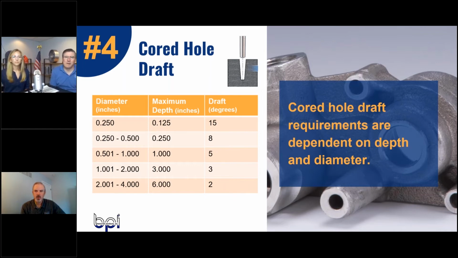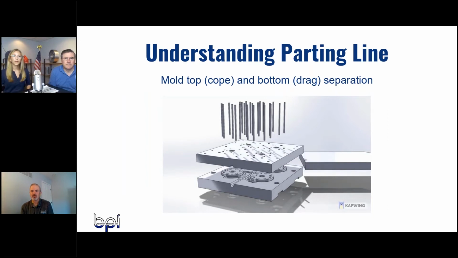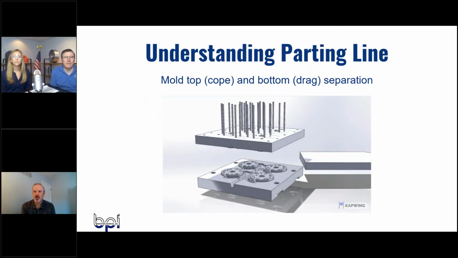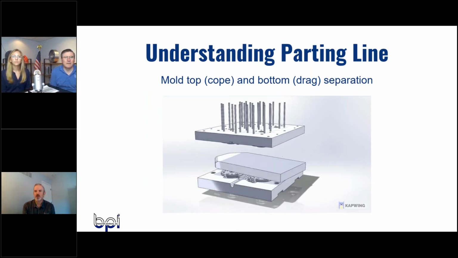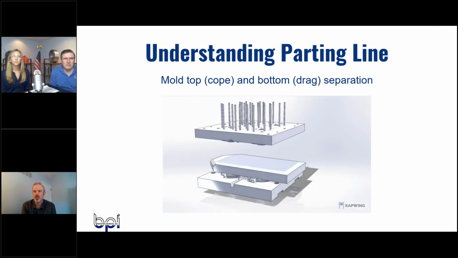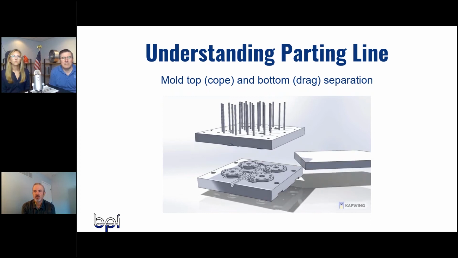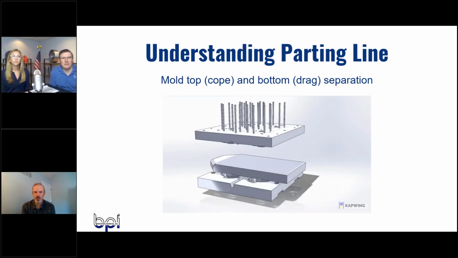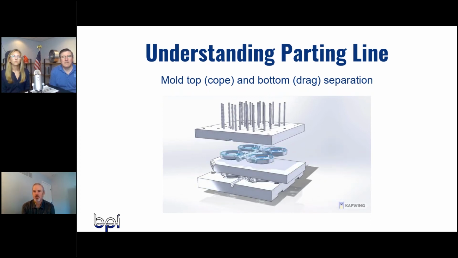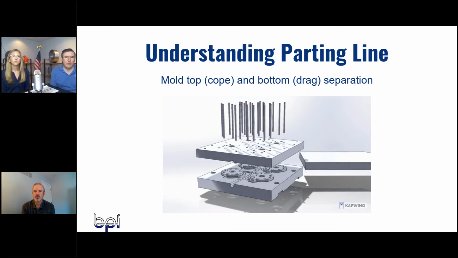Hey guys, we had a couple questions coming in at the same time. First one is, if my part has wall sections thinner than that 0.18 inches, can I cast it larger than that and machine some off? What should I look for? Yeah, that's exactly the approach to take.